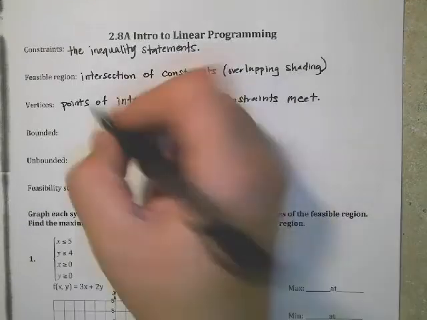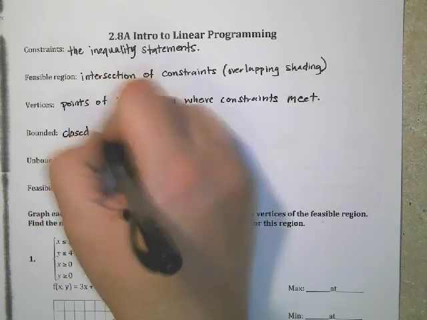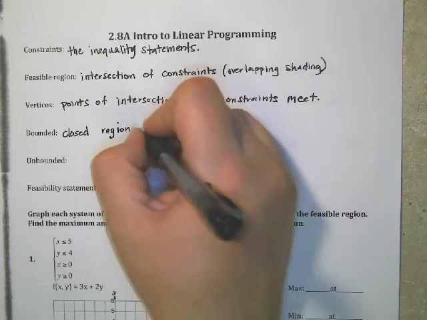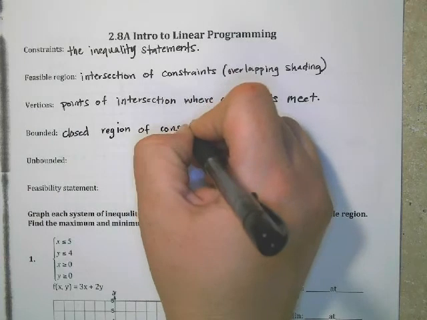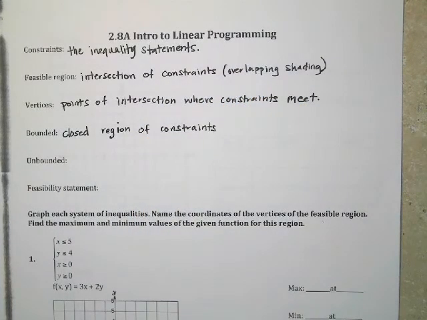Bounded means that there's a closed region of the constraints. So typically that will happen when you have 3 or more constraints.